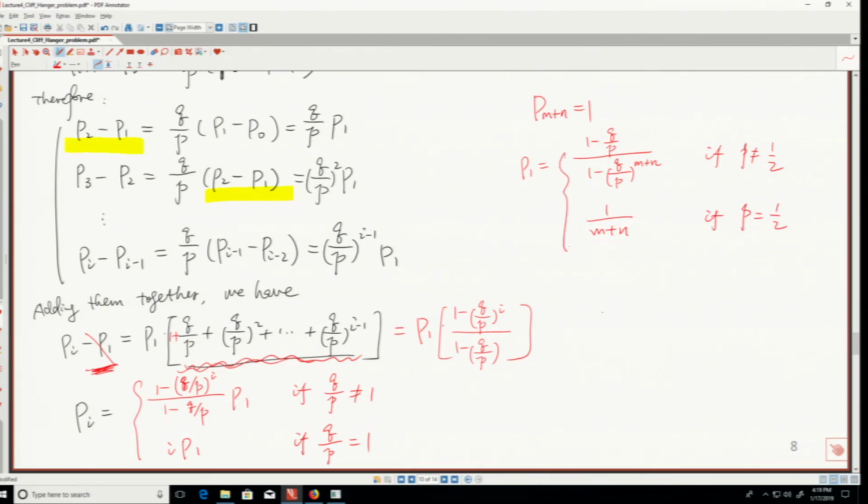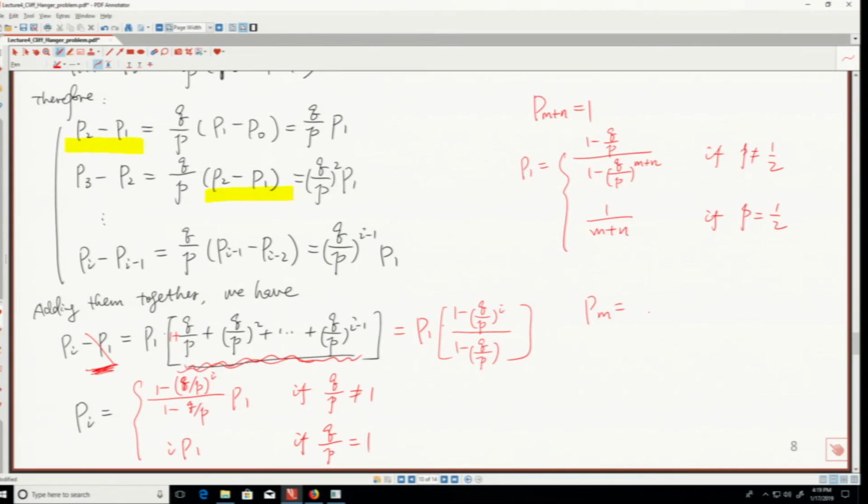And then what if we get Pm? Pm is actually equal to, we just replace this one because we have already solved for P1. Based on P(m+n) equals 1, we solve for P1 because we put this as m plus n, then this equals 1. Then P1 equals, you just switch the order, so you got that first one, and the second one is m plus n here. Now what happened to Pm?